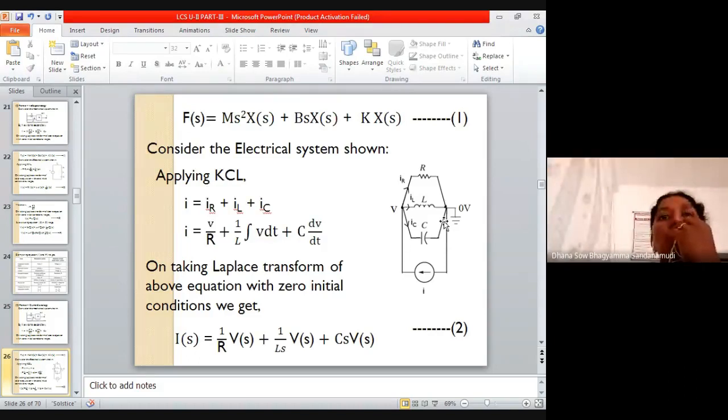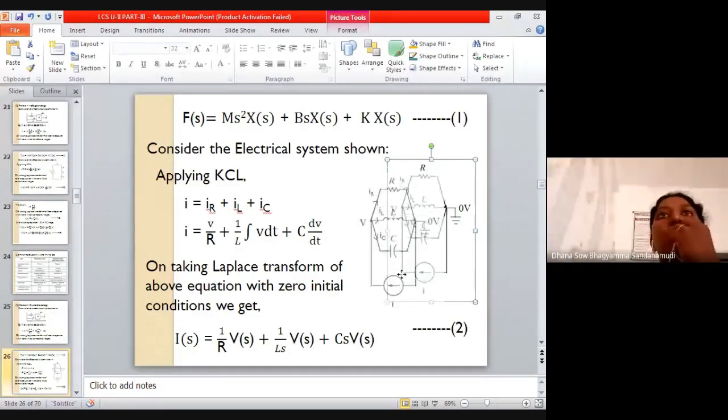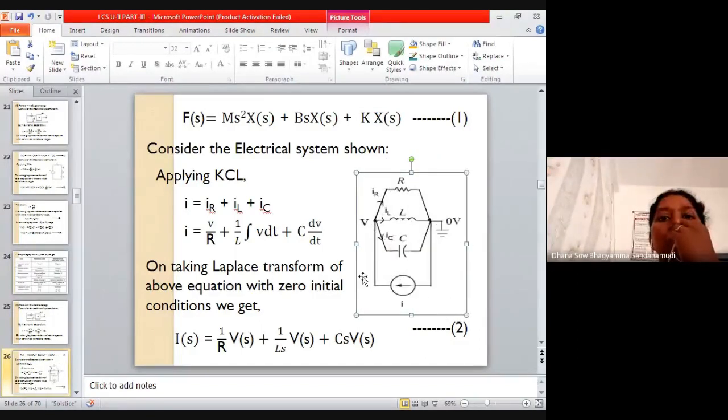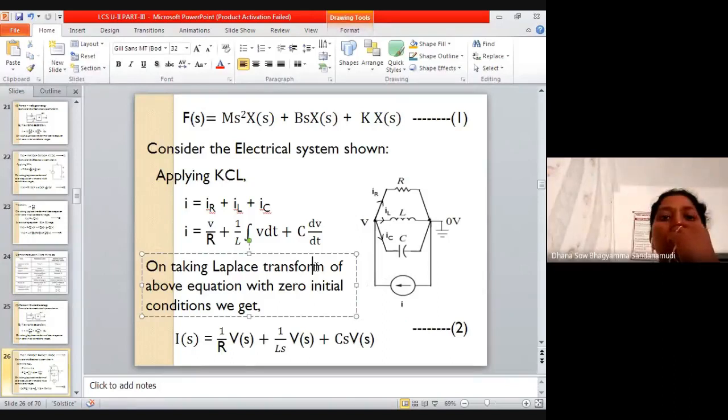Okay, all the elements in this circuit are parallel with each other. So I'm considering a current source here.